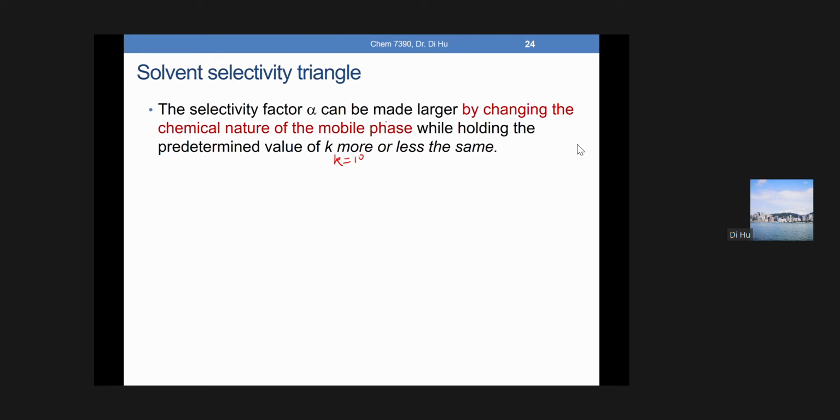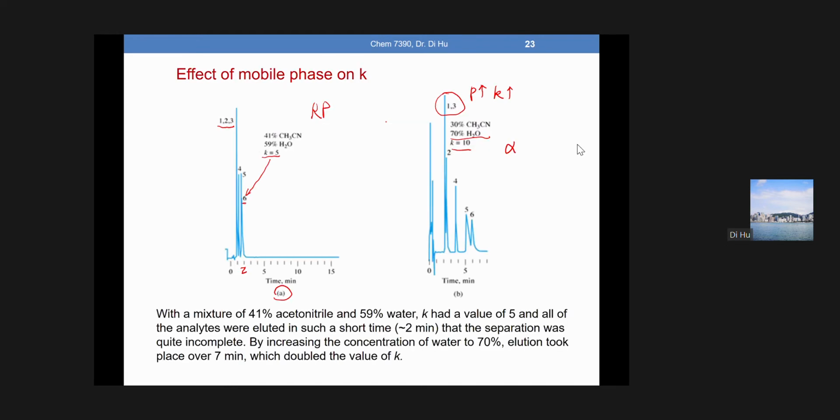I have changed, you see that I've increased the percentage of water from 59 to 70%, right? So how can I keep changing it while keeping the K the same? You just mentioned that if we change that, the P value changes and the K value definitely changes, and we cannot keep K constant.